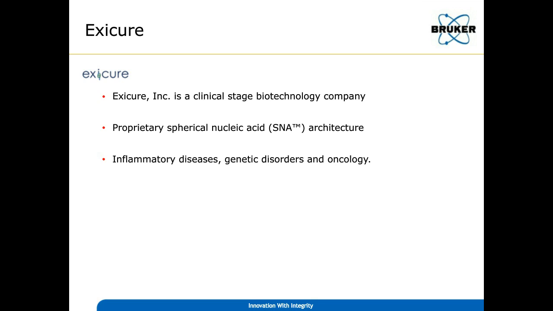They have a proprietary spherical nucleic acid formula. Inflammatory diseases, genetic disorders, and oncology are some of the lead programs for which they develop drugs.